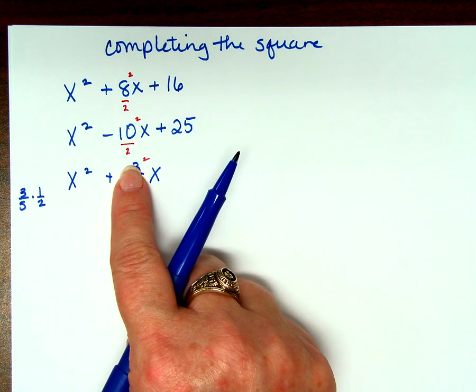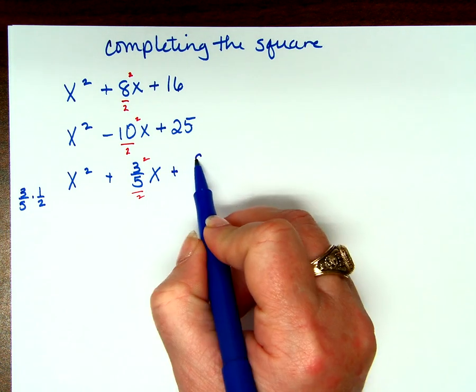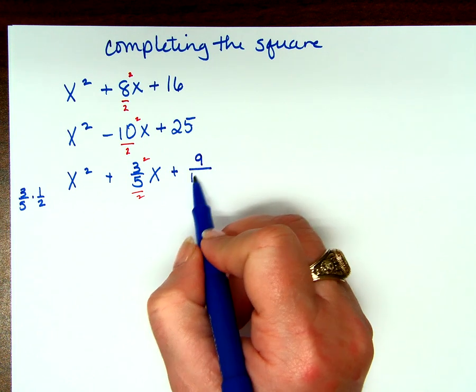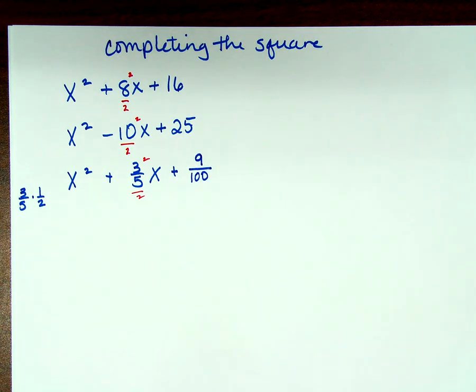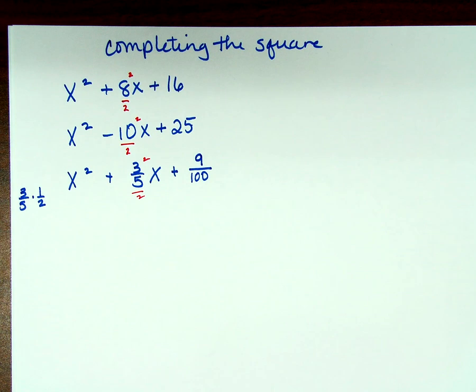Now square 3/10. What's 3 squared? What's 10 squared? 100. Are you okay with that? Okay? So this is like the very first step that we'll have to do every time in completing a square.